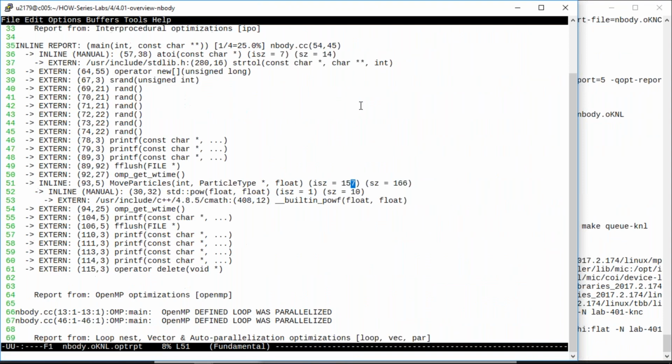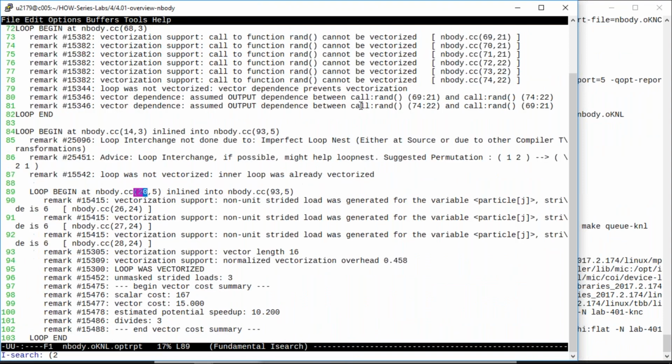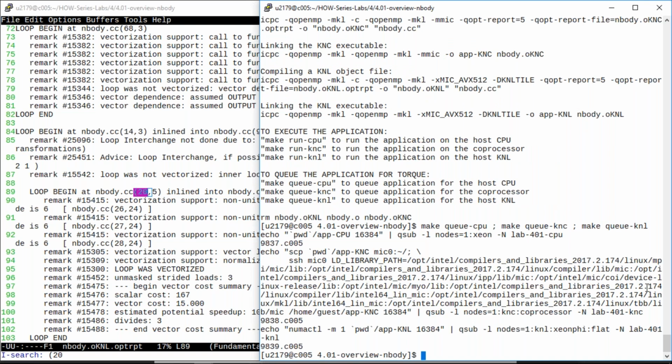And what we have is non-unistride load, and yeah, no type converts. There are still divides, but this is a different story. We will address it in a second. Okay, so it's running.